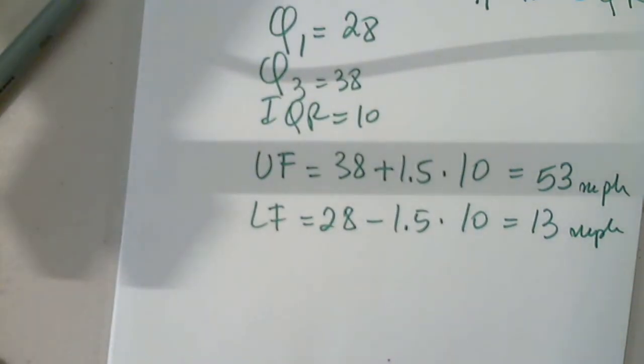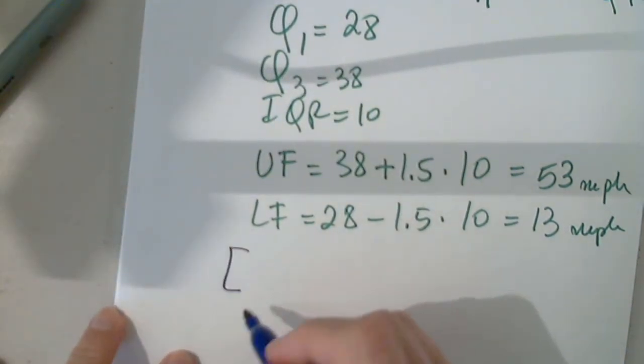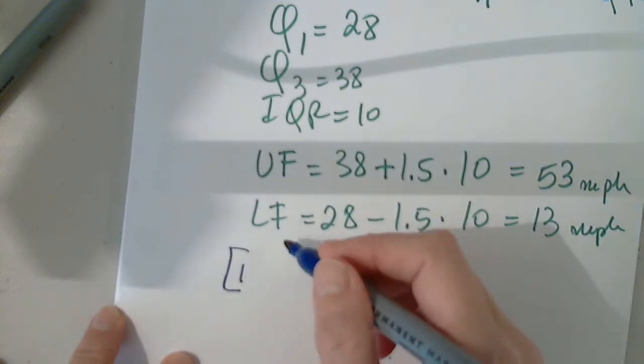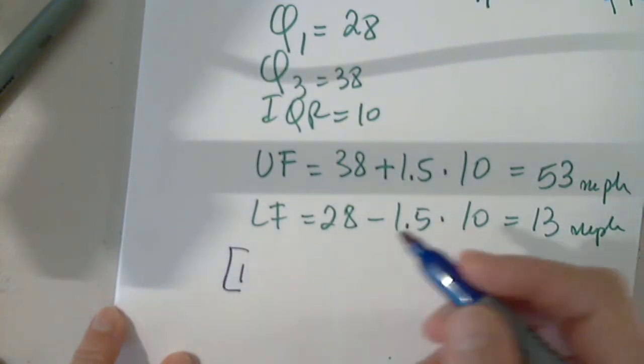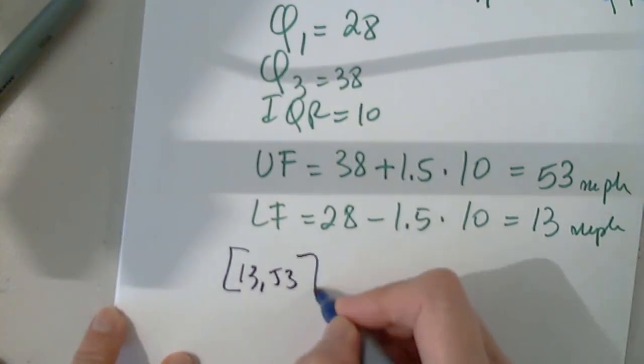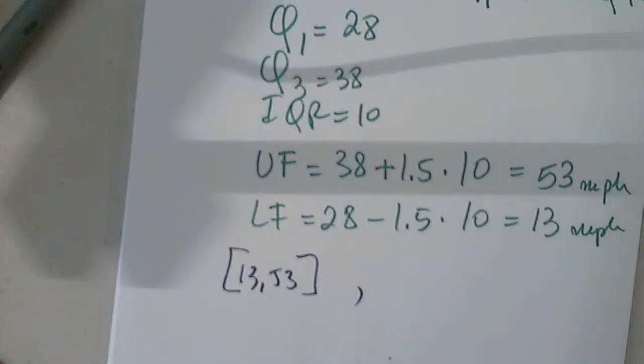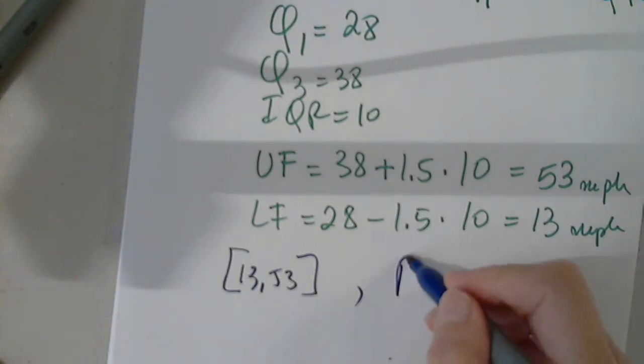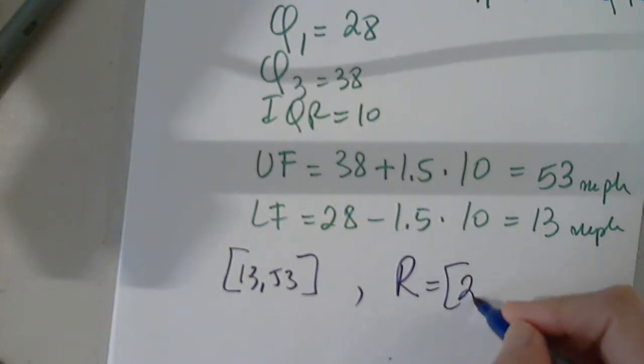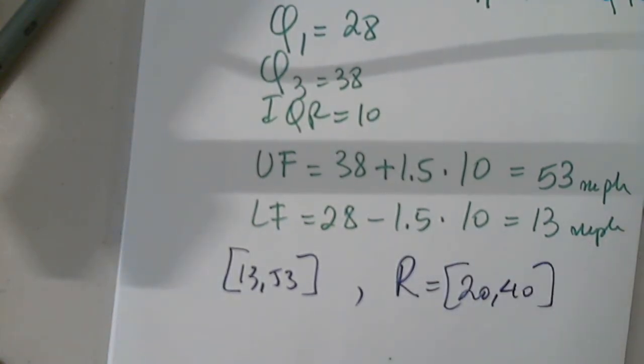I will say, because this is the range of the upper fence and lower fence, so 13, 53, and the data range actually, because we already have it as max min, we know that it's right here, and also it's a range, so between 20 and 40. So I would say the range is between 20 and 40.